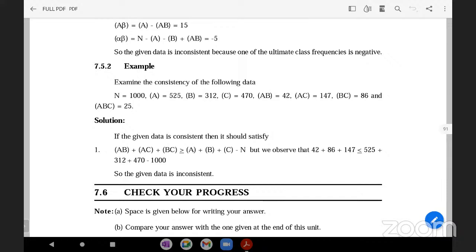Plus 86, 189 plus 86. Total how much? 42 plus 147.